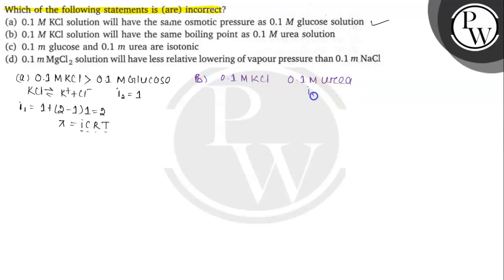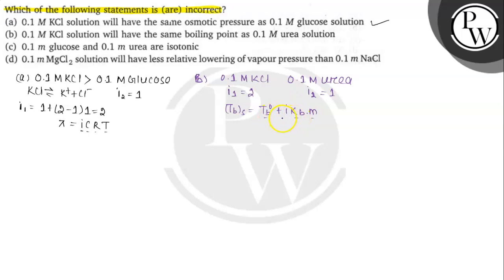That means the van't Hoff factor for urea is 1 and the van't Hoff factor for KCl is 2, as we have already found the value of the van't Hoff factor for KCl. Now the boiling point of a solution is equal to the boiling point of the pure solvent plus i into Kb into molality. So molality is the same in both cases, Kb is constant. Only i varies.